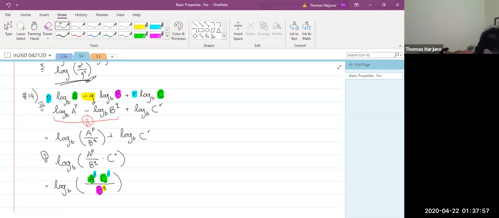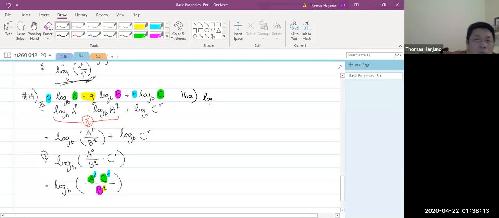Let's say, for example, number 16a, we have log of x squared minus 16 minus 3 log x plus 4 plus 2 log x.